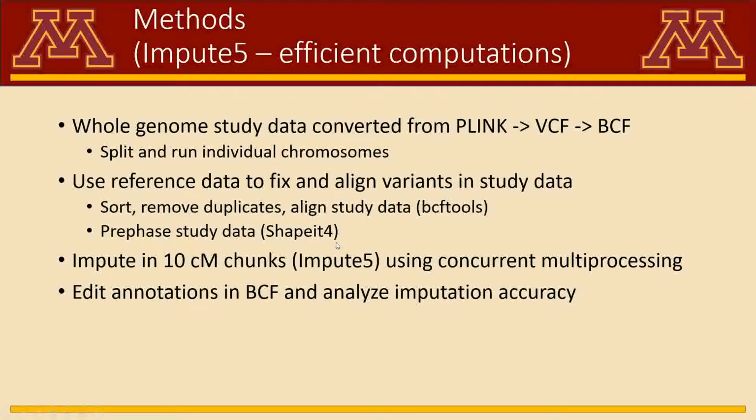Additionally, Impute5 implemented a new reference file format, imp5, an indexed reference file, which Beagle 5.1 and Minimac4 do not possess. But I believe this really makes Impute5 much more computationally efficient, using an indexed reference file for reading.